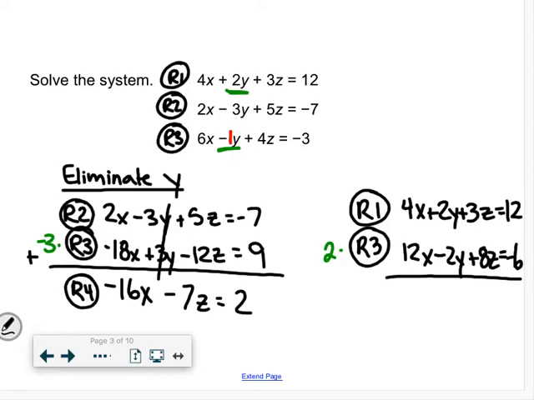Did I do that right? 12x minus 2y plus 4z equals negative 6? Stack and add those. That'll give me 16x. Y's cancel. Plus 11z, and equals 6. And I'm going to call this row 5.